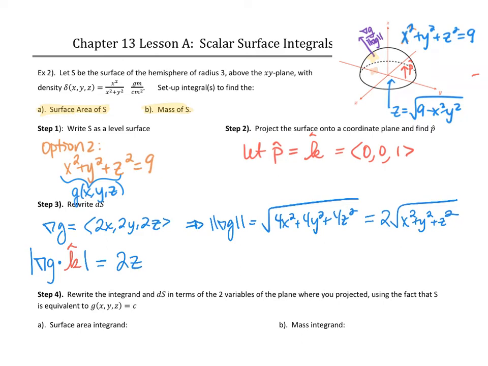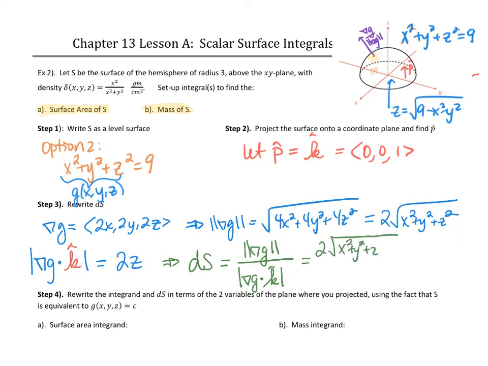So when I rewrite dS, as a reminder, it's the magnitude of the gradient over the absolute value of this dot product with k hat. That gives me 2 times the square root of x squared plus y squared plus z squared over 2z dA. So the 2's cancel, and I'm left with the square root of x squared plus y squared plus z squared over z.